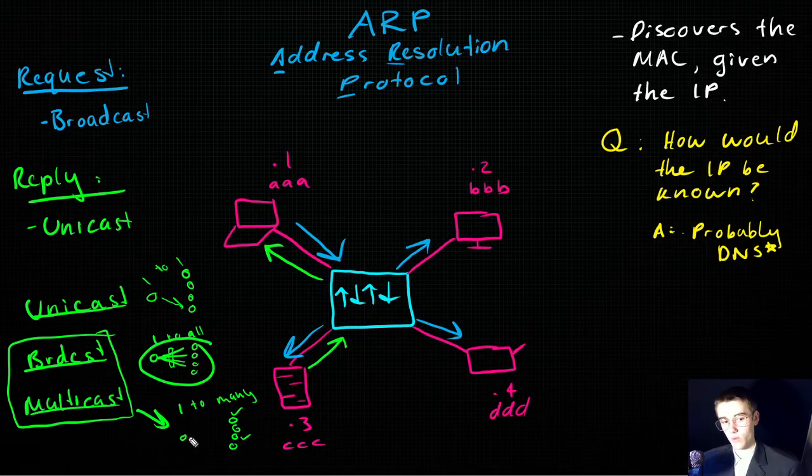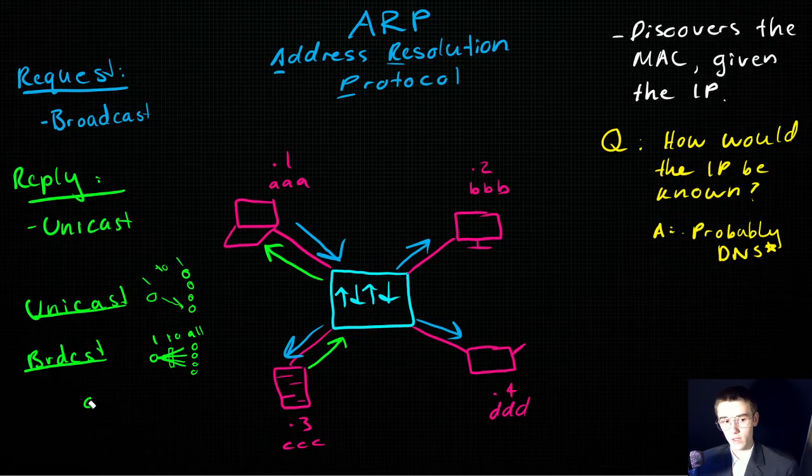Then the source sends one packet, and the switch gets it just to those people. So it's one to people who have subscribed to say, I want to get this traffic. Okay, so I'm not going to get into more detail than that, but one to many, multicast, one to all, broadcast, and one to one, unicast. So this is an important concept to understand, and I thought I'd introduce it in this video.